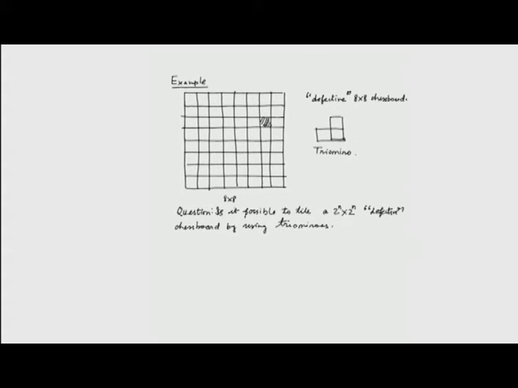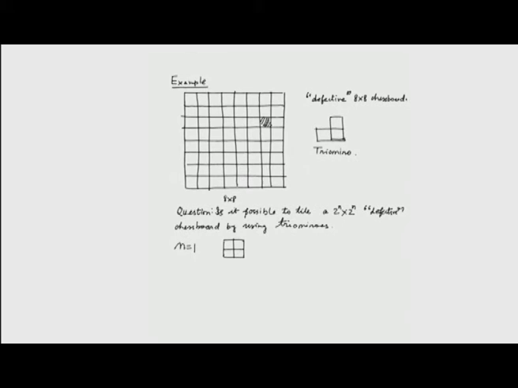Now, we will try to use mathematical induction. Suppose we take n equal to 1, then I get a 2 by 2 chessboard, and I know that I can tile it by triamino. Suppose because of being defective this shaded square is excluded, then whatever is left is a triamino.